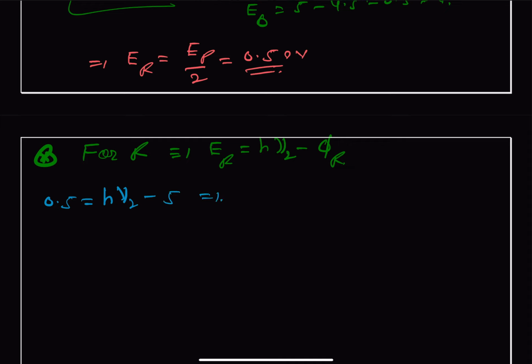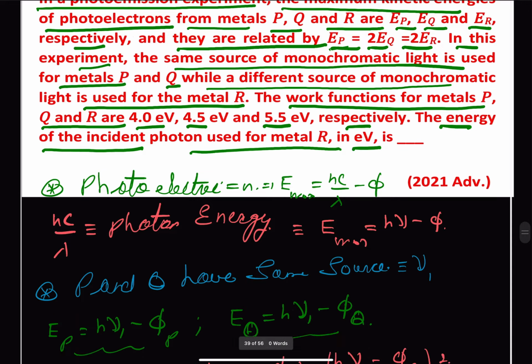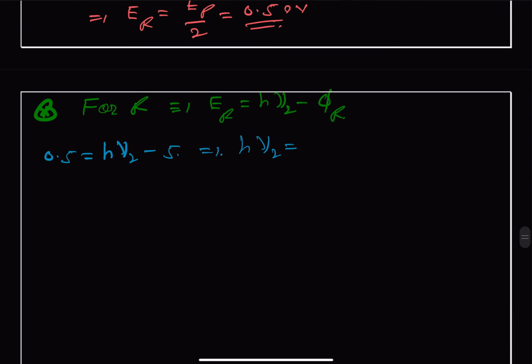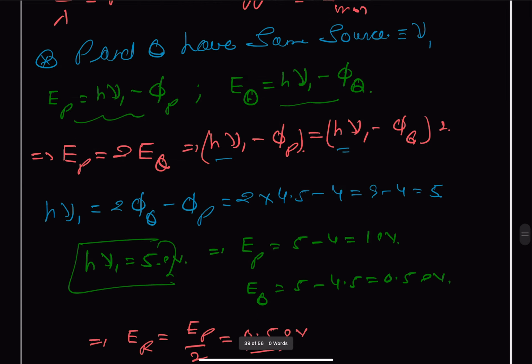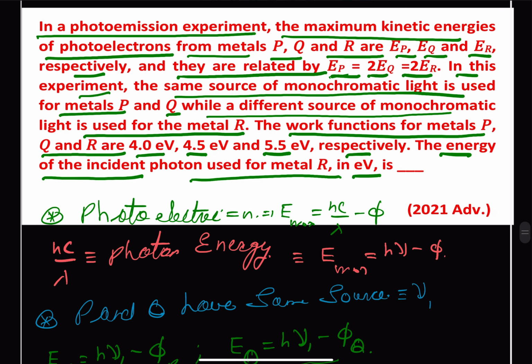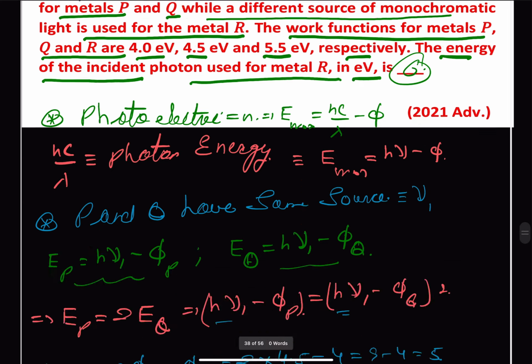This gives us that h nu2 will be equal to 5.5, sorry, 5.5 is 6 electron volt. And this is the energy of the incident photon, 6 electron volt. Next question.